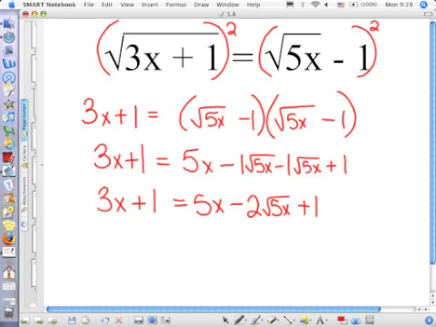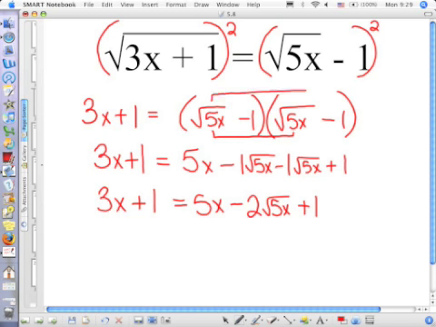When you do FOIL, you should have gotten 5x minus 2 square roots of 5x plus 1. We'll see how we got that. First times first. Square root of something times the square root of something. Same thing, just gets rid of it. It's just 5x.